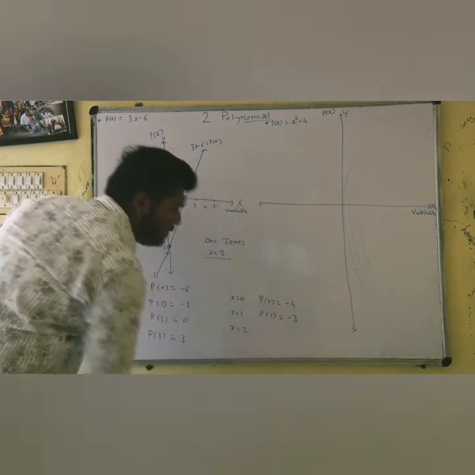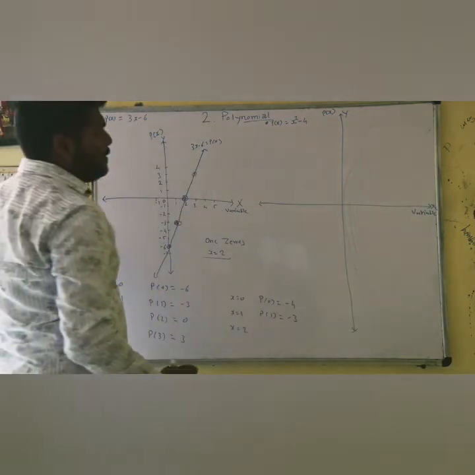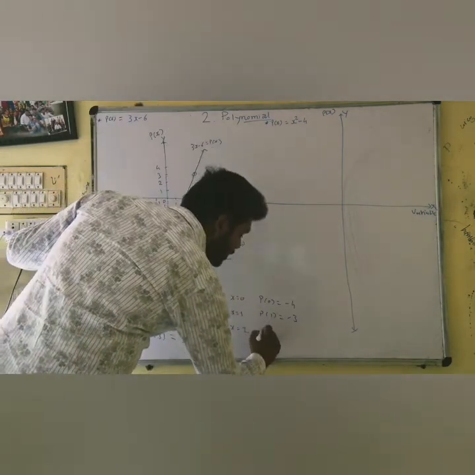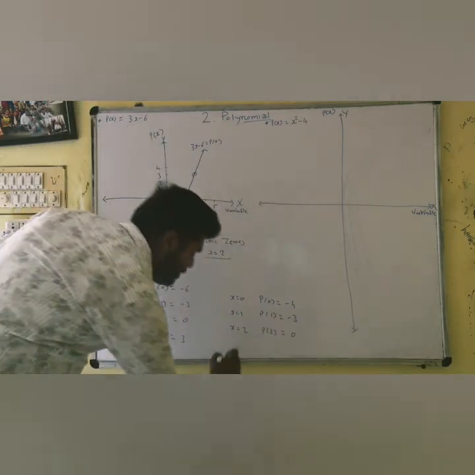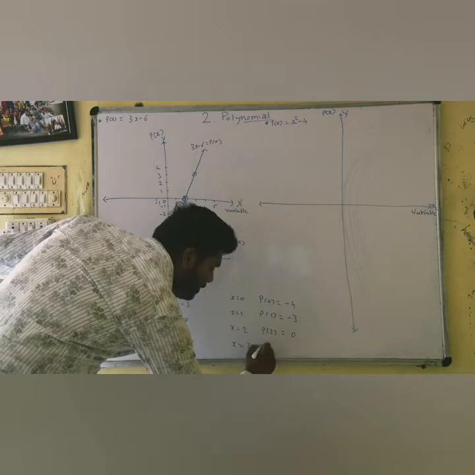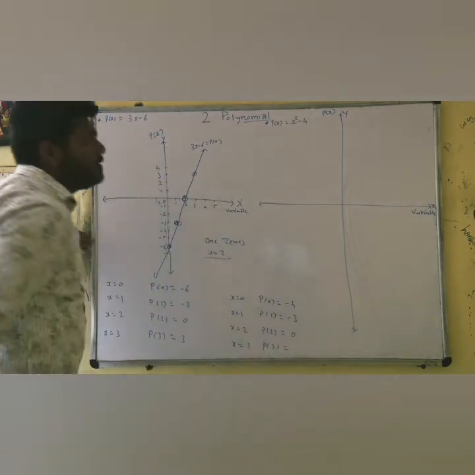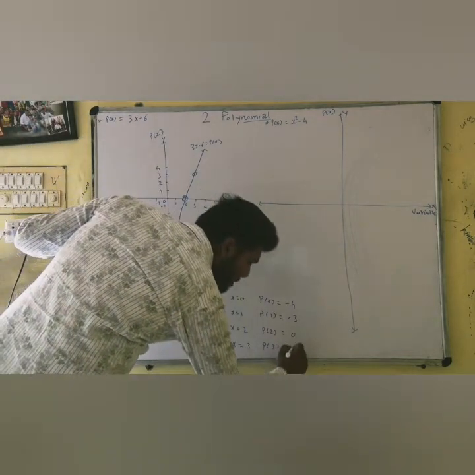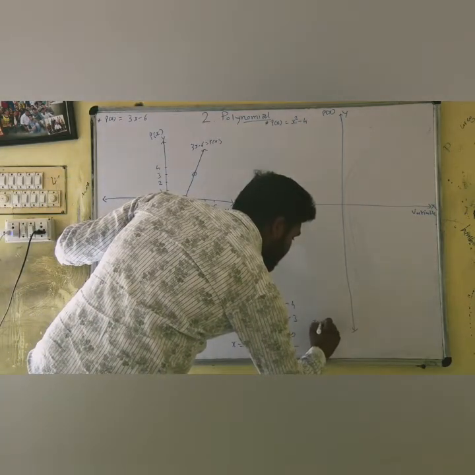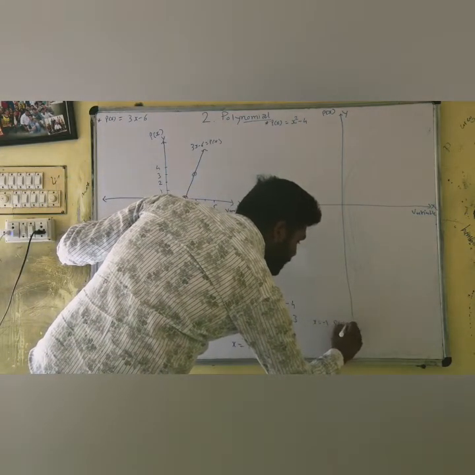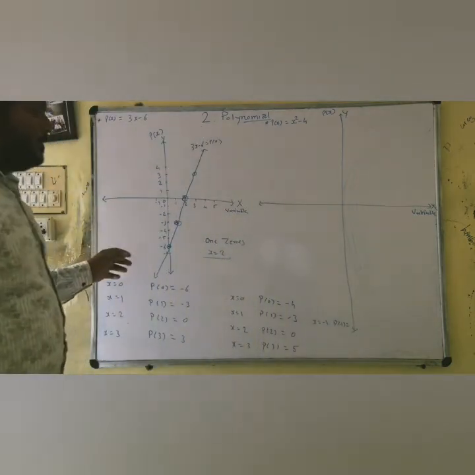X equals 2, then p of 2 equals square of 2, 4. 4 minus 4, 0. When x equals 3, p of 3 equals square of 3, 9. 9 minus 4, 5.